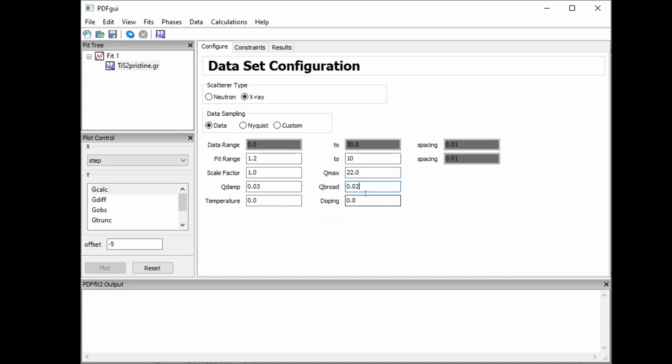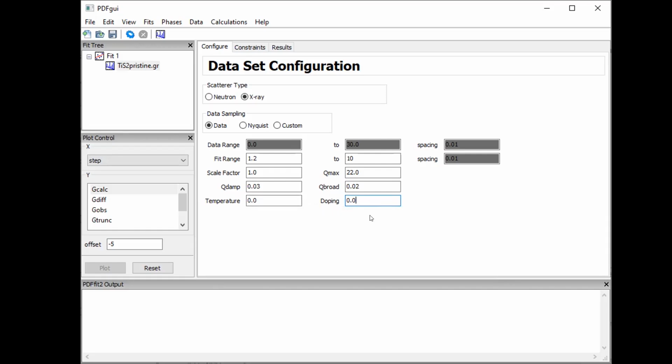And the temperature and doping, this is something I think we mentioned last time. It's simply a label telling the software what temperature and what doping level those samples are related with.